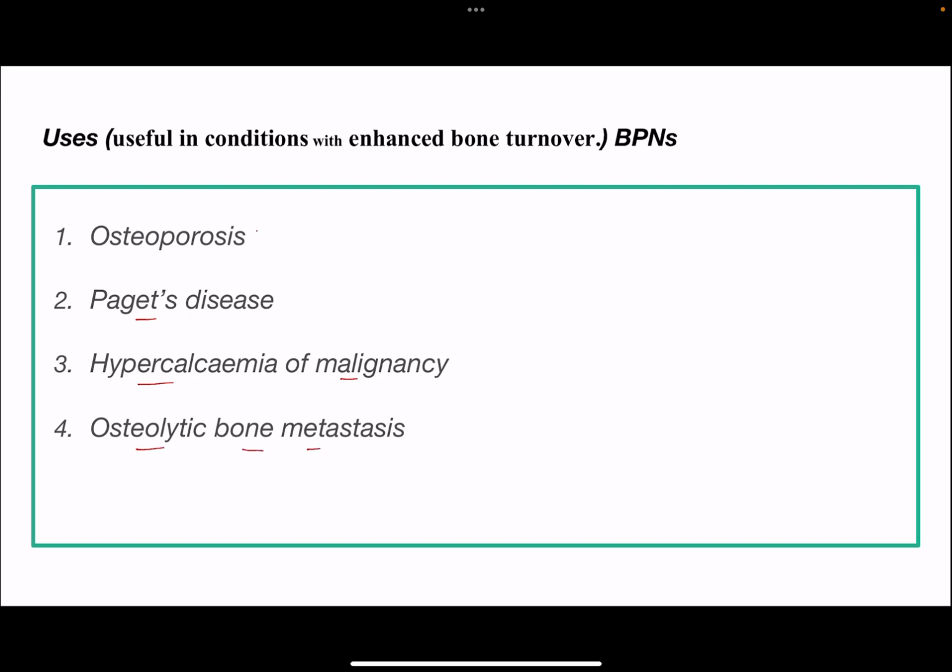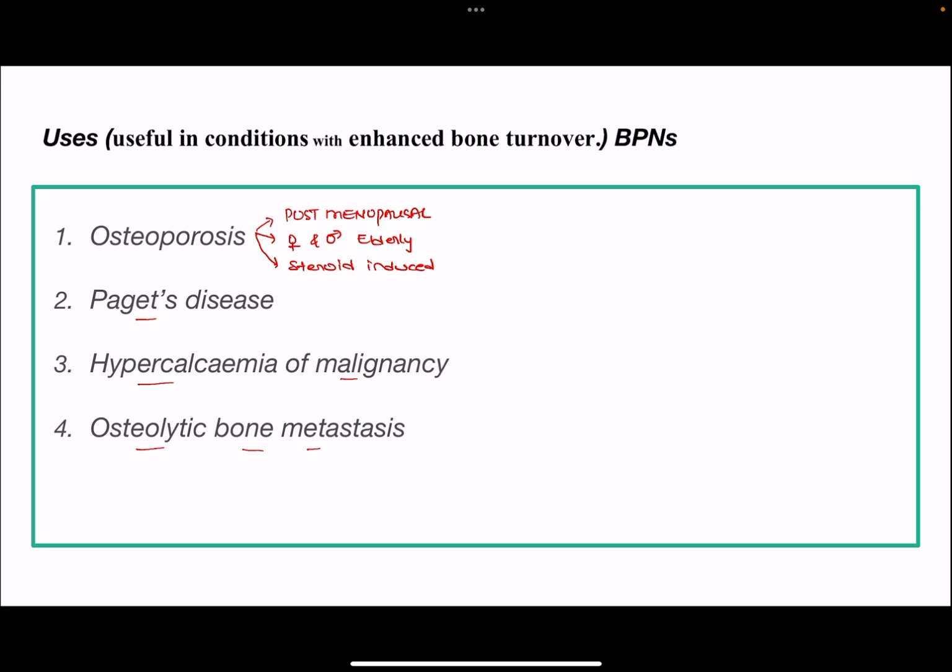But remember, in osteoporosis, you can give it in postmenopausal individuals, as well as in both elderly males and females, and also in steroid-induced osteoporosis.